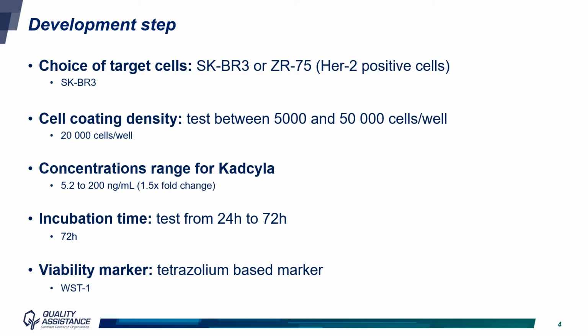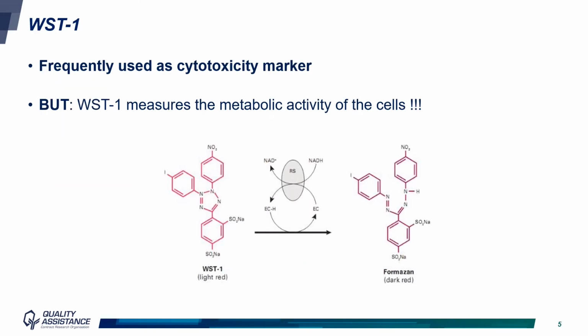Finally, the type of viability marker was evaluated. Among these markers, WST1 and XTT, two tetrazolium-based markers, were tested. Because reaction time was clearly faster with WST1, this dye was selected. WST1 is a dye that is frequently used as a viability marker.